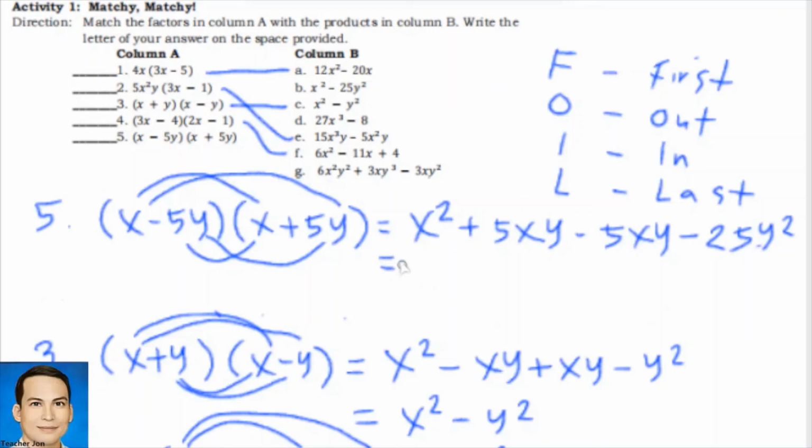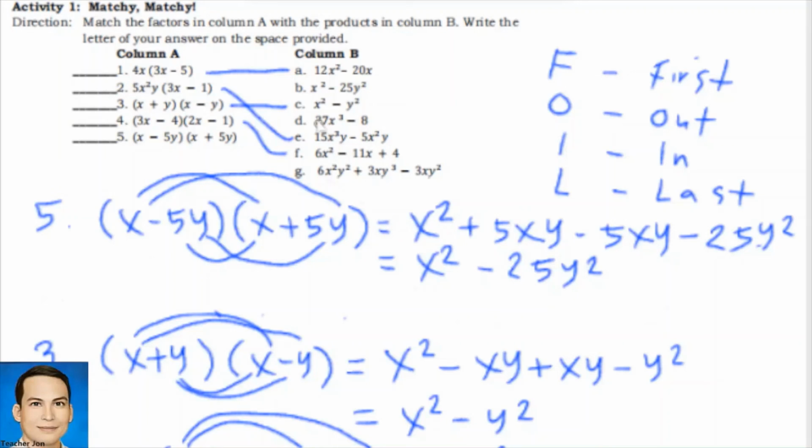Then simplify. Write x squared and 5xy minus 5xy. They completely undo each other. So that is equivalent to 0. So we'll not write 0 here. Instead, we will proceed in writing negative 25y squared. So this is our solution, x squared minus 25y squared.